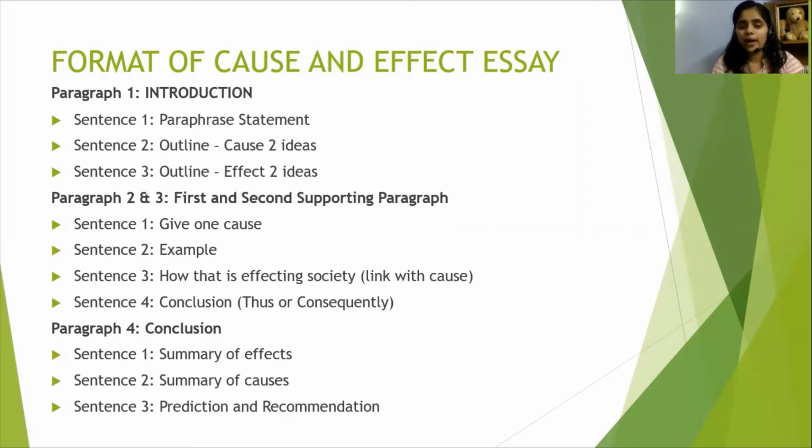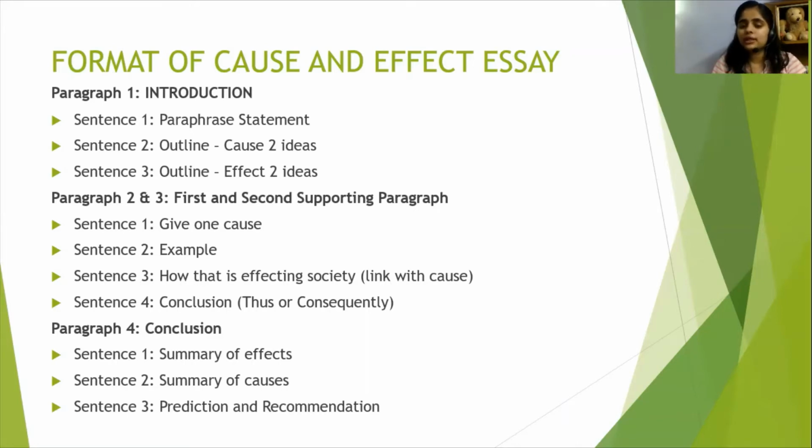Now, paragraphs 1 and 2 will have the same structure overall, but it will be a bit different from what you did earlier. Your sentence 1 should always be the cause, that is, what exactly is the cause, for example why global warming or air pollution is happening. So you give a cause, then give an example for it, any example that you can think of.